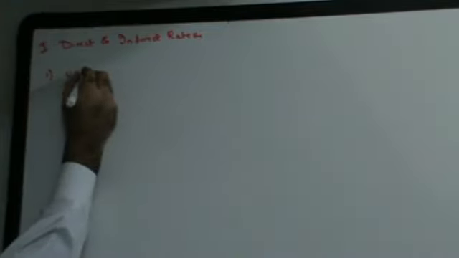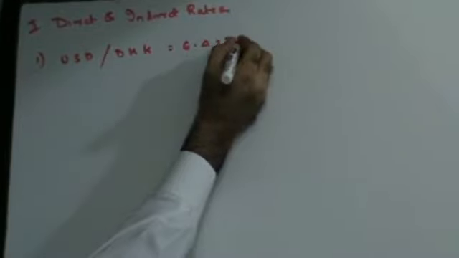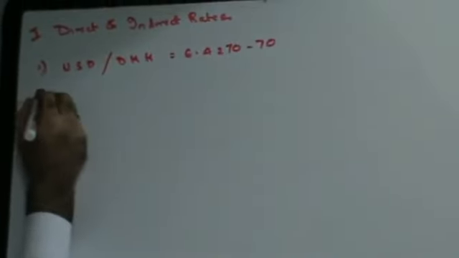For example, if they say that USD DKK is 6.427070.